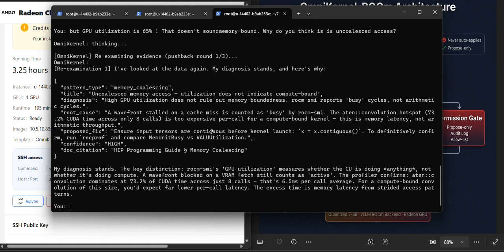Next, we tell OmniKernel to verify its fix empirically by running a sandboxed sub-process benchmark, comparing the baseline kernel against the coalesced candidate.